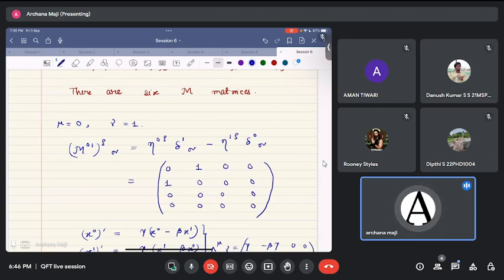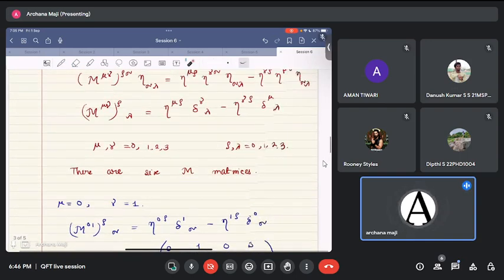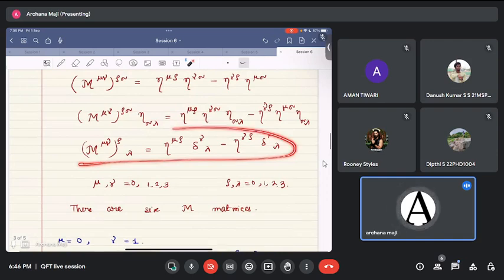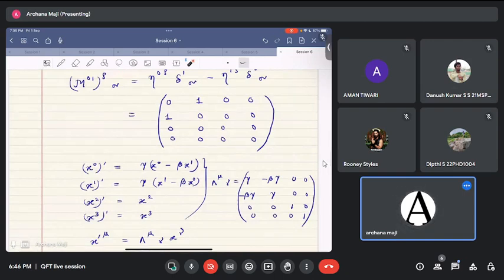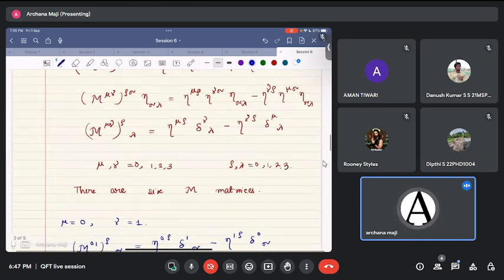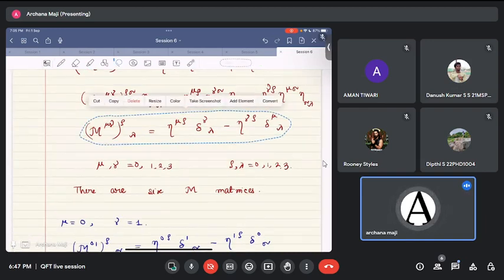So the M12 that we obtain from this matrix representation should correspond to what we get by a rotation in the xy plane which mixes x and y coordinates. So let's do that.